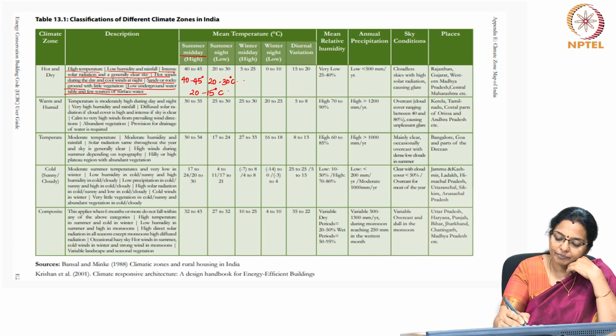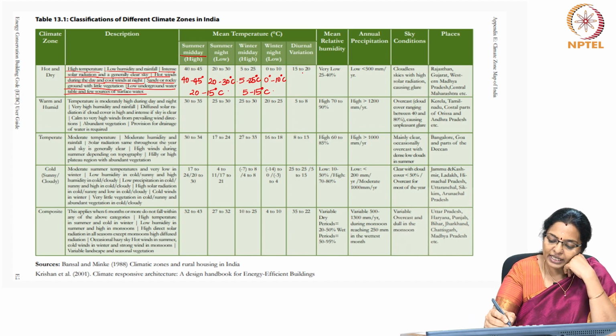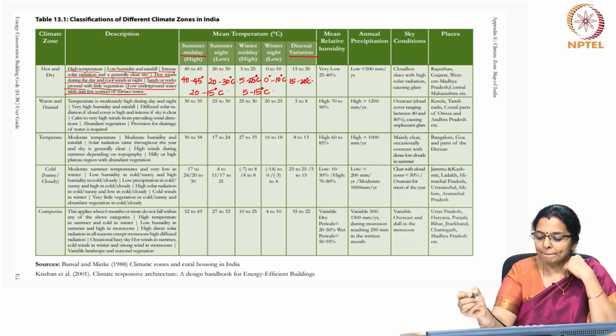Winter midday temperature ranges between 5 to 25 degrees centigrade and the low ranges between 0 to 10 degrees centigrade. So, diurnal variations are between 5 to 15 degrees centigrade in the winter. So, on an average, the diurnal variation is between 15 to 20 degrees centigrade.